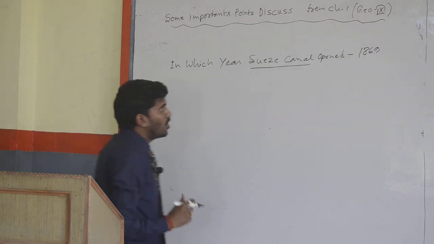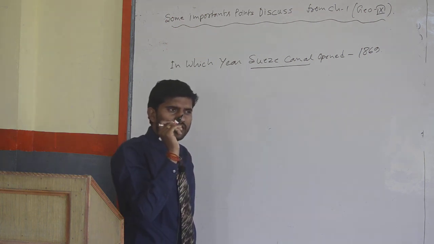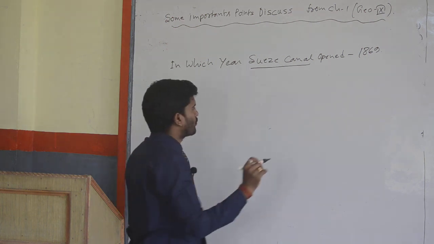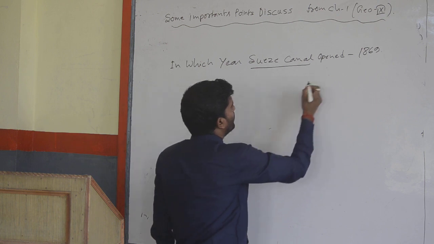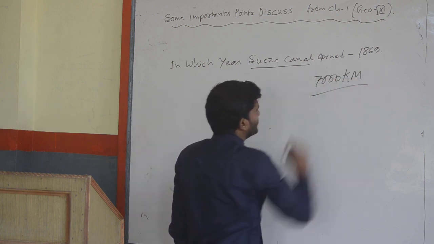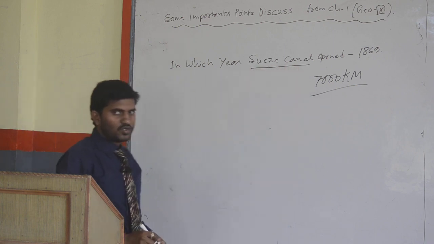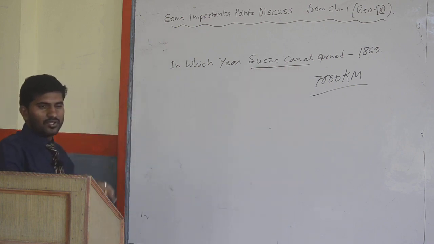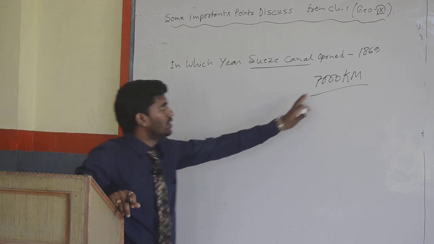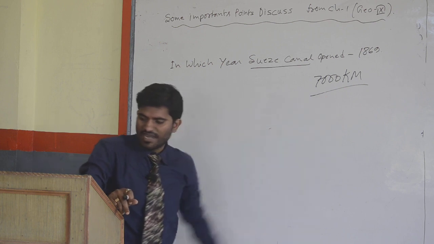India's distance from Europe was reduced. By the establishment of the Suez Canal, the total distance from India to Europe was reduced by 7,000 kilometers. Very important points, mind it.